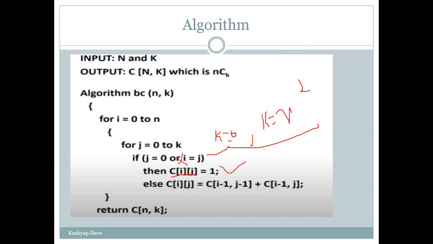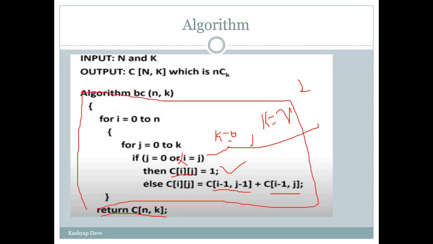But if this condition is not true, that is, k is not 0 and k is not equal to n, then we are giving the value of C(i minus 1, j minus 1) plus C(i minus 1, j), totally based on the equation of our binomial coefficient, and after that we are returning C(n, k). So this is the algorithm for solving the binomial coefficient.